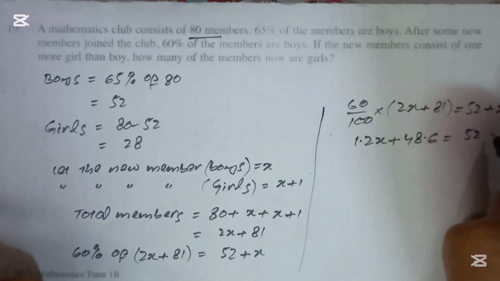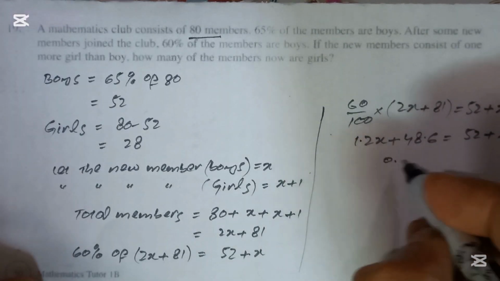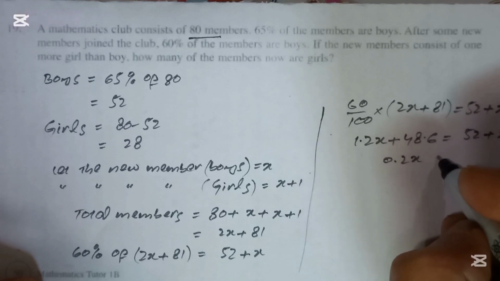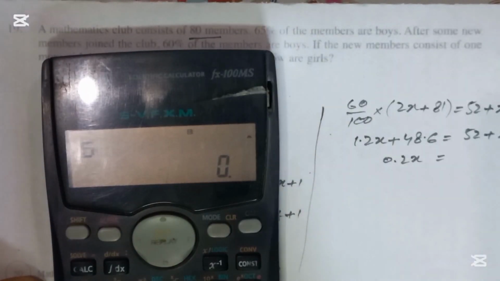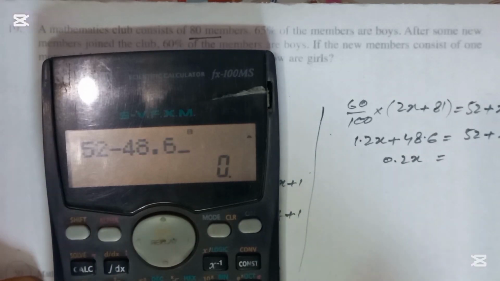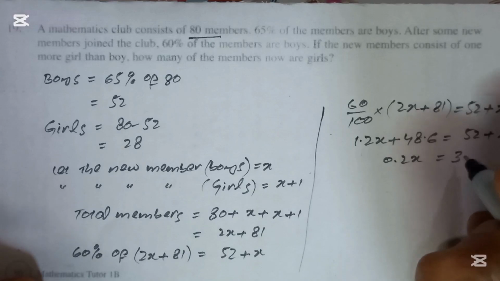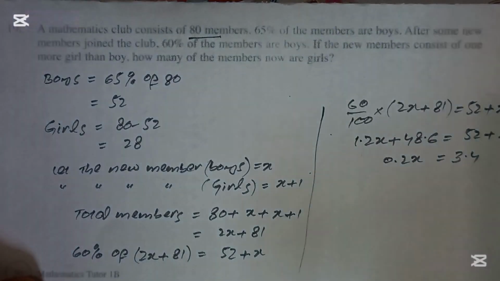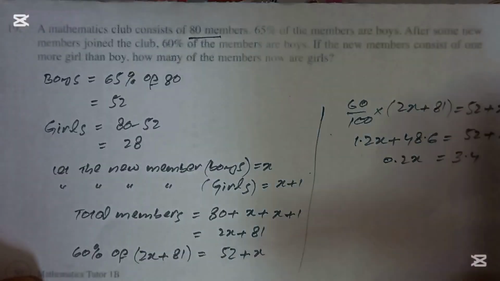Equal to 52 plus x, which will remain as it is. This x will be shifted to the left hand side. It will become now 0.2x, and this 48.6 will go to the right side. So 52 minus 48.6 is equal to 3.4. This 0.2 will go to the right side, divided by 0.2. So the answer is 17.